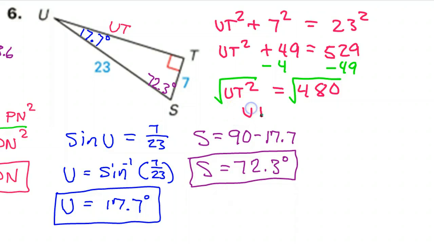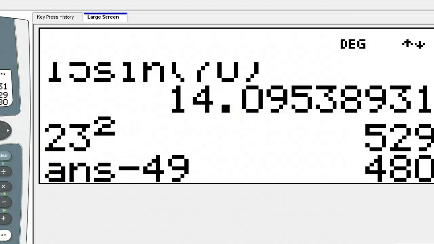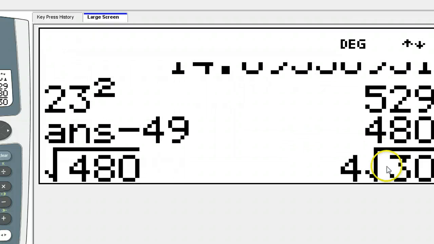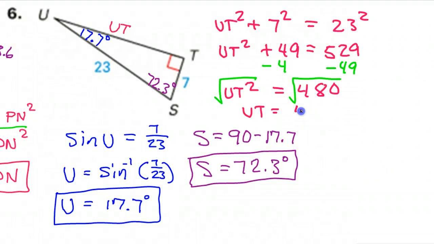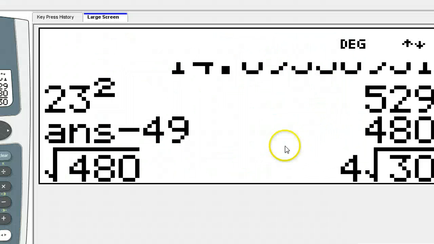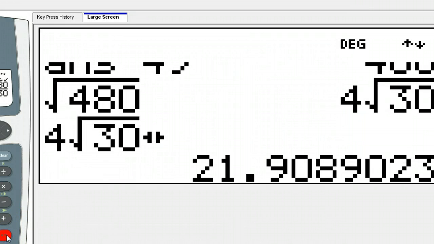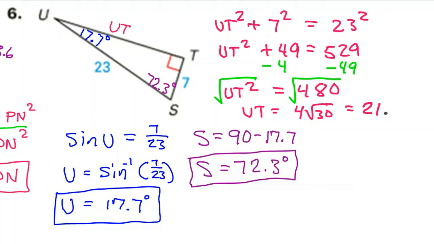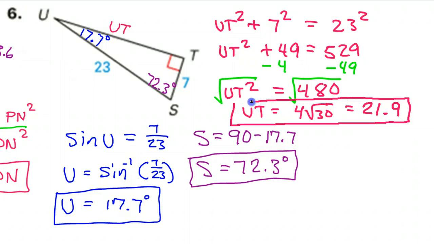So UT equals the square root of 480. Okay, that's 4 radical 30, interesting. Well, let's go ahead and write that as a decimal, like the rest, by hitting the toggle key. So 21.9. Okay, and there's your final answer. So that's number 6.